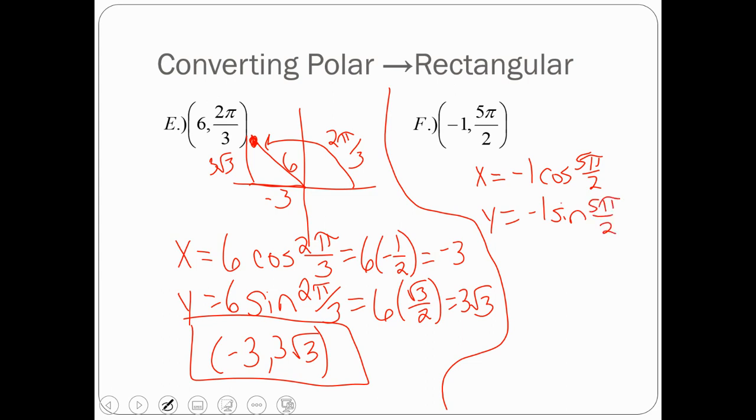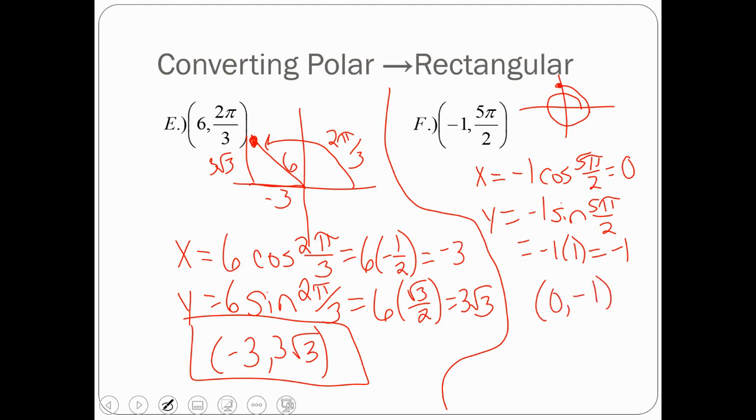So 5 pi over 2 is around the unit circle once. That's 4 pi over 2, and then it's back up here. The cosine of that is 0. So this would be 0. And then the sine of that is equal to 1. So you would have the point 0, -1.